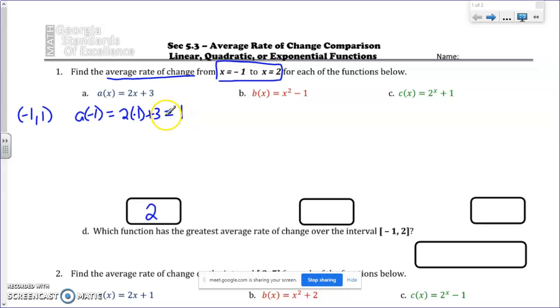Some of you did not connect this in the last unit, okay? You did this part, but that's as far as you went. You just found y's and you never found the slope. Then I look at when x is 2, so I put in 2: 2 times 2 plus 3. 2 times 2 is 4 plus 3 is 7. So that's going to give me (2, 7).